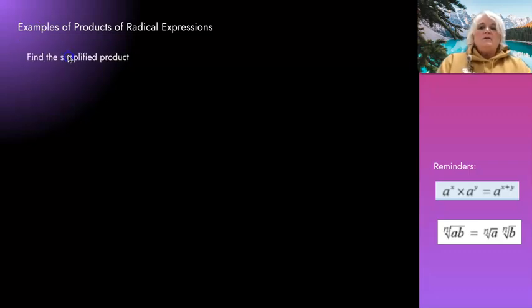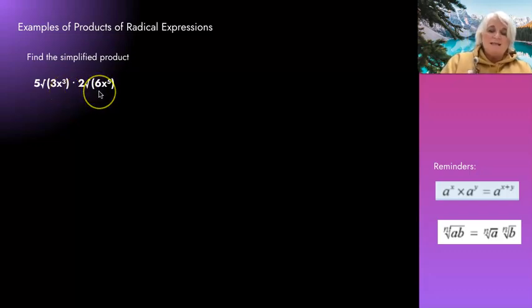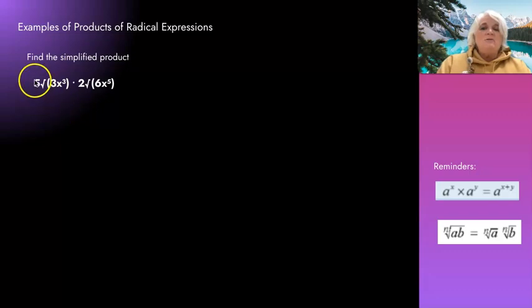So my first problem, I'm going to find the simplified product of 5 times the square root of 3x cubed times 2 times the square root of 6x to the 5th. So the first thing that I'm going to do is take the outside times the outside, so 5 times 2, and then the inside times the inside.